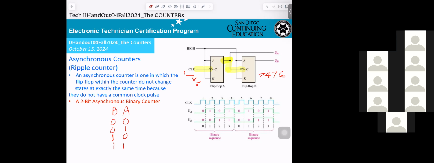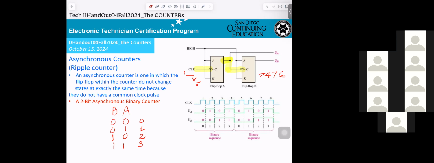So the decimal will be 0, 1, 2, 3. So basically, if you're working with this counter, it counts 0 to 3, 0 to 3, 0 to 3 forever.